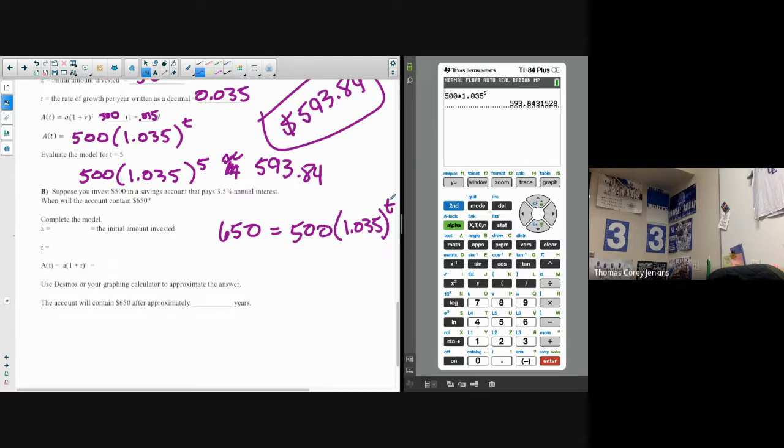We don't really know how to solve equations that have a variable as an exponent. So the best we can do is guess and check, or I'll do you one better. I'll use my graphing calculator. All right, so let me type in 500 times 1.035 to the power of, we call it t, on your calculator you'll call it x.